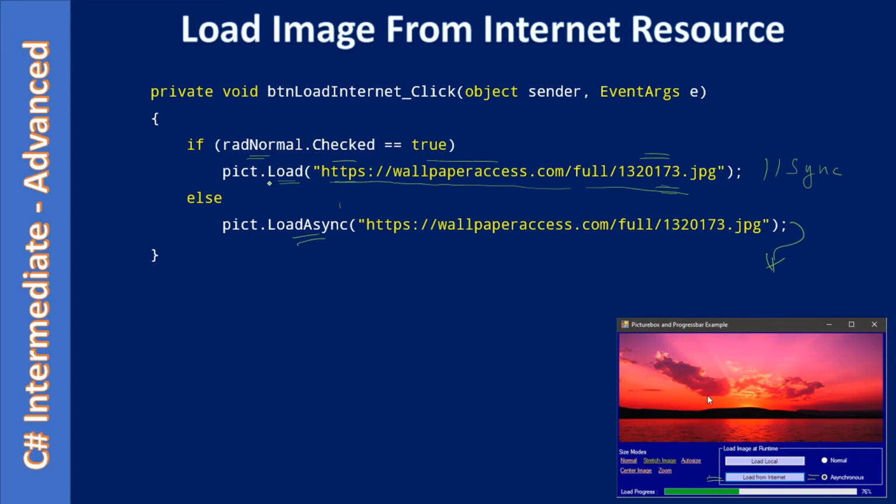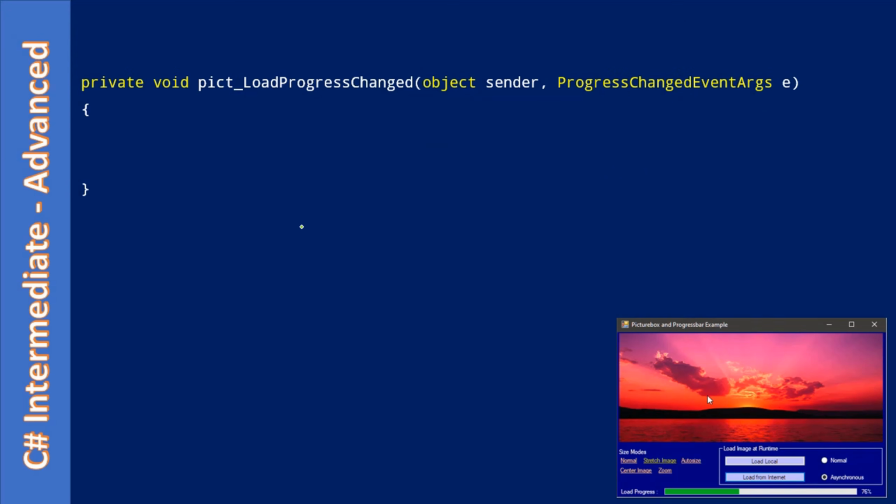Once you make a call to load or load async, that will produce a load progress changed event. Whether it is a local resource or an internet resource, the call to load internally will report this progress changed event.